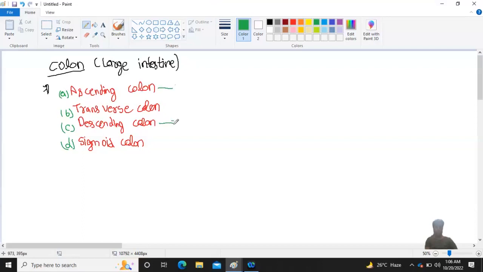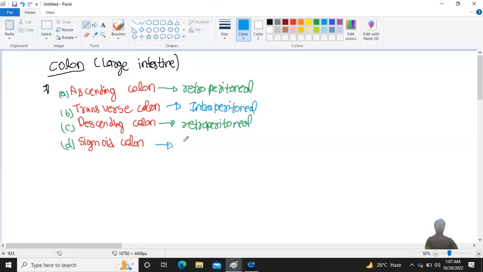These two are retroperitoneal, and these two are intraperitoneal. So these are the four parts of the colon.